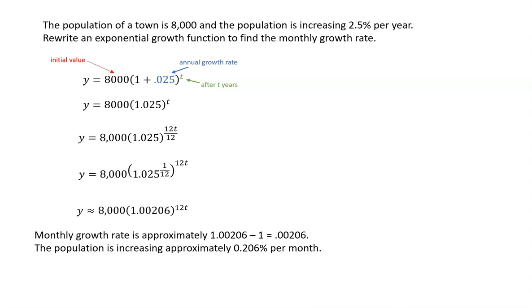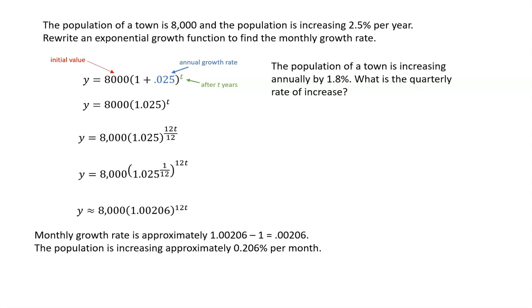And so we can say the population is increasing approximately 0.206% per month. Now, 0.206%, is that closer to 20% or closer to 1%? That's closer to 1%. That's less than 1%. So we have to understand what these values mean.